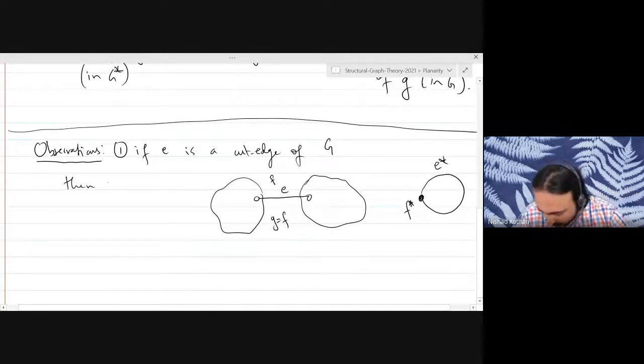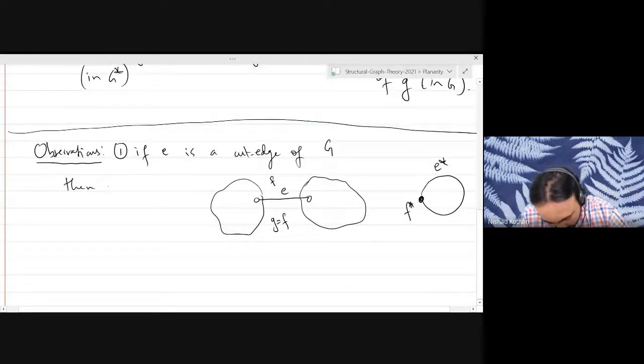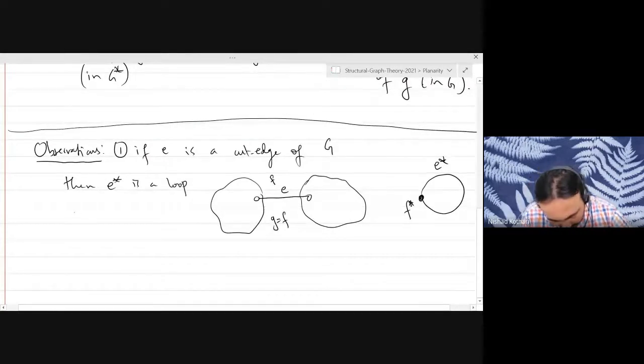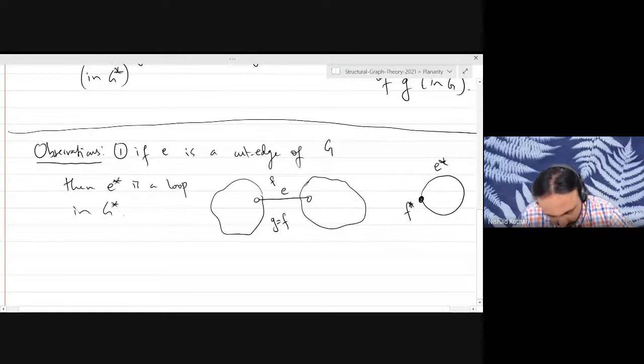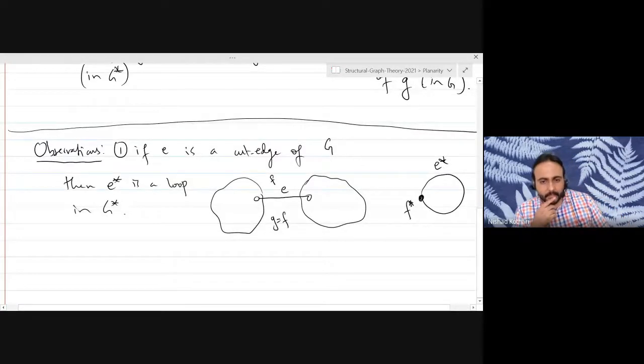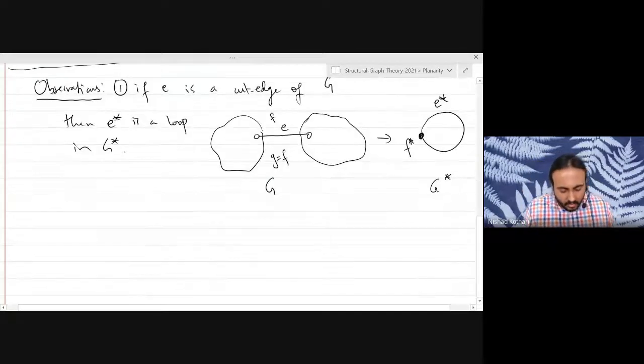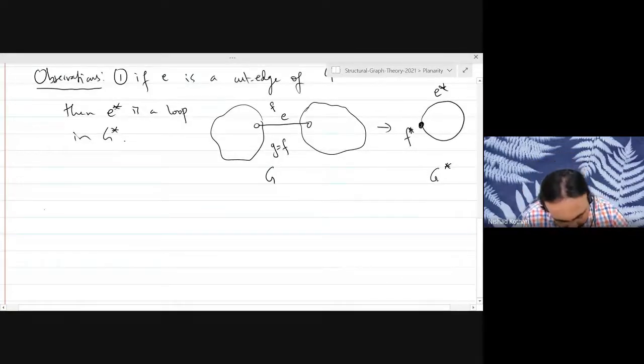Then E star is a loop in the graph G star. All right. So cut edges become loops. And now, of course, you ask the natural question: do loops become cut edges?